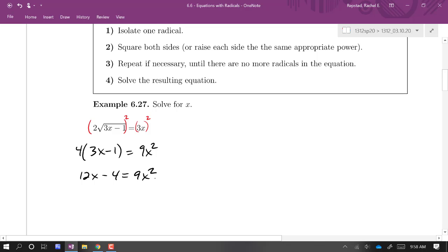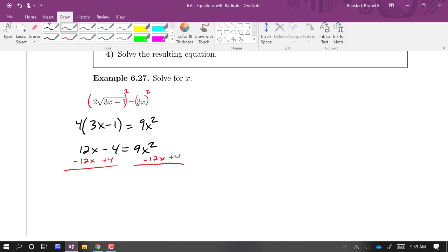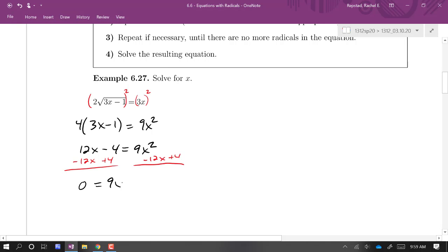And then we can gather all of our terms on one side, set it equal to 0, see if it might factor. So we get 0 equals 9x squared minus 12x plus 4.